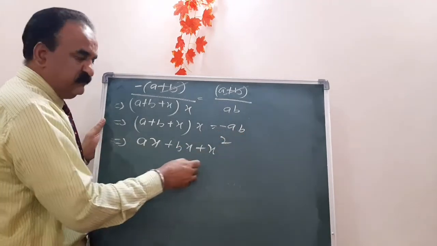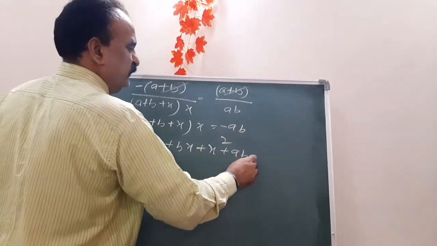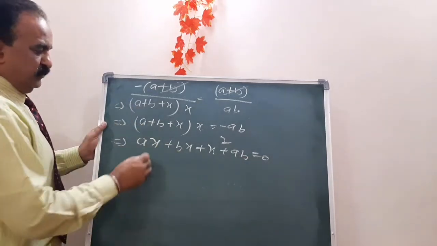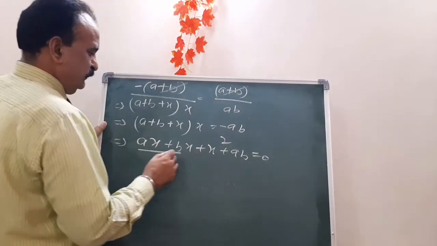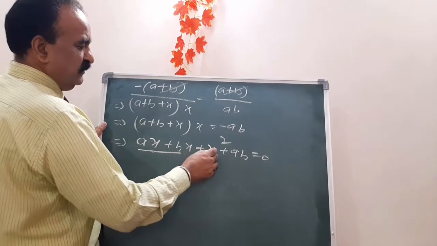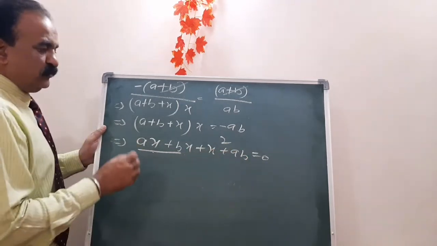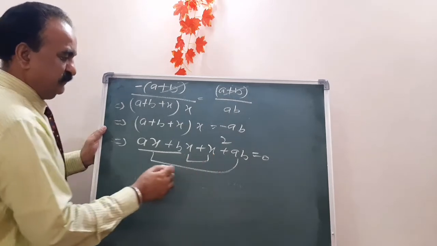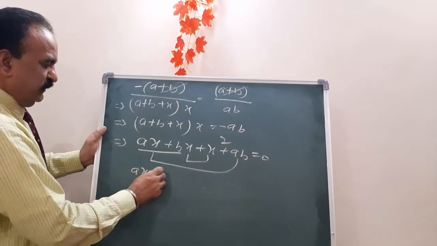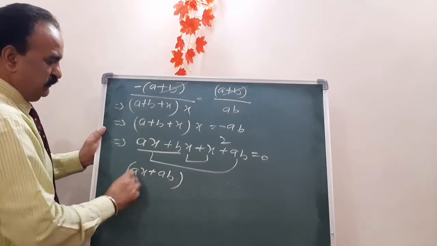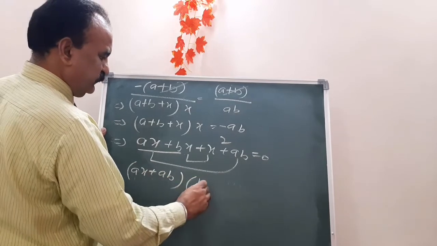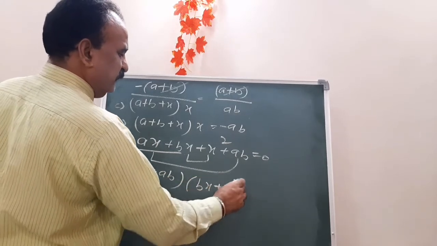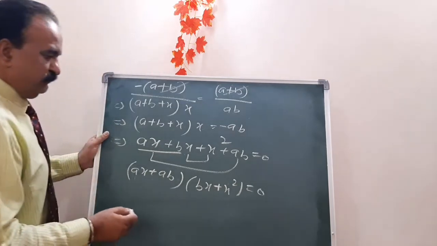Transfer minus ab on this side, plus ab equal to 0. Now here ax plus bx, x square plus ab. Now you can collect this term and this term. So you can write ax plus ab in one bracket, bx plus x square equal to 0.